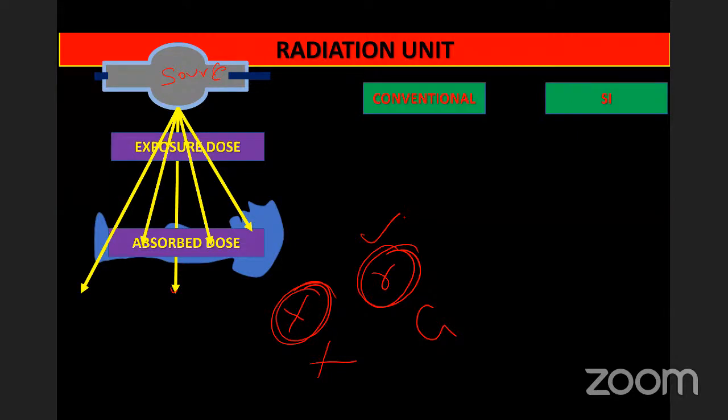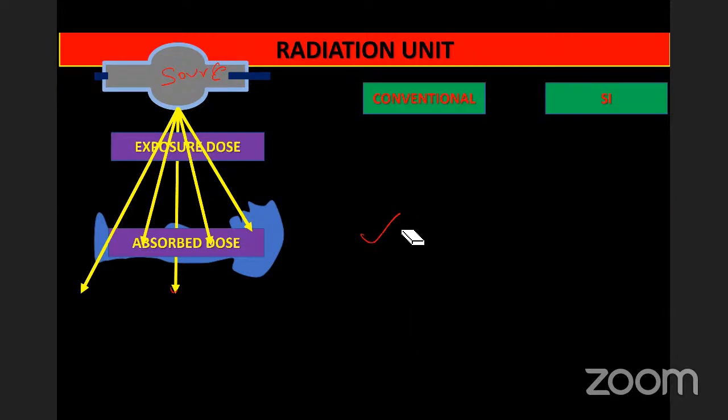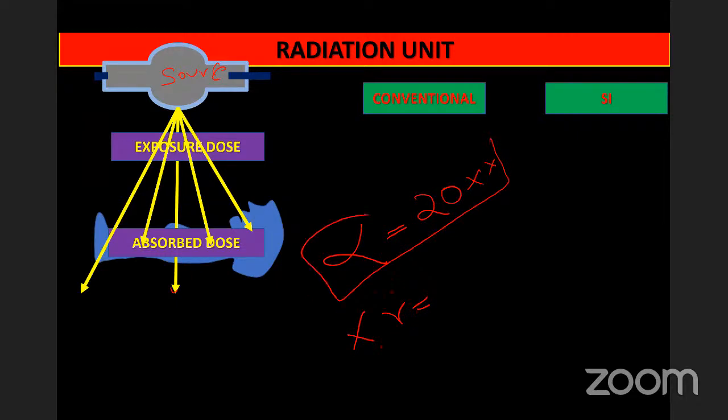Actually, X-ray and gamma rays don't have much difference, but alpha radiation has 20 times that of X-ray or gamma radiation. Out of X-ray and gamma, one might be more, but it is relatively very little. When we compare alpha radiation, it is 20 times more than X-ray and gamma radiation.